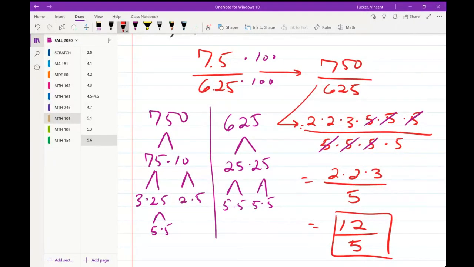I got an extra 2 in there. Sorry, I saw this 2 over here and included it. That should be just one 2. Should be 2 times 3. Yeah, it should be 6 over 5. I threw an extra 2 in there by mistake. All right, questions before we do one more?